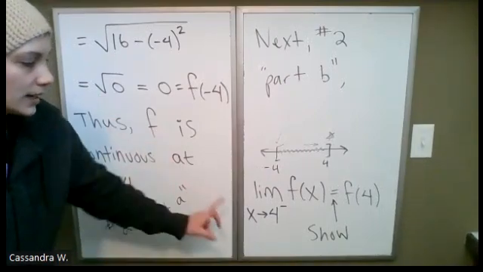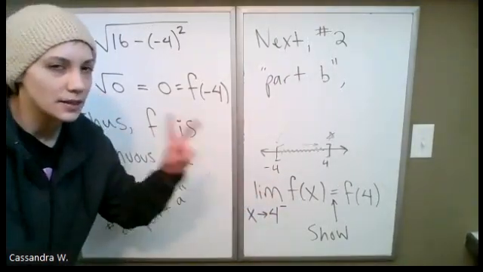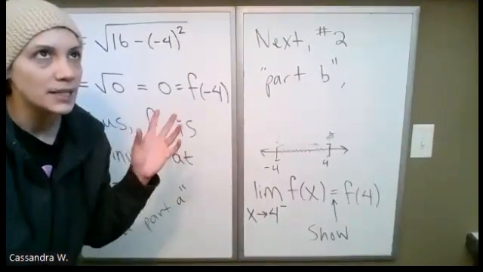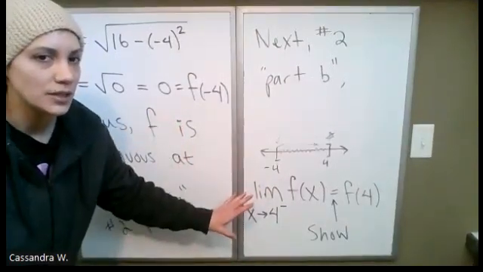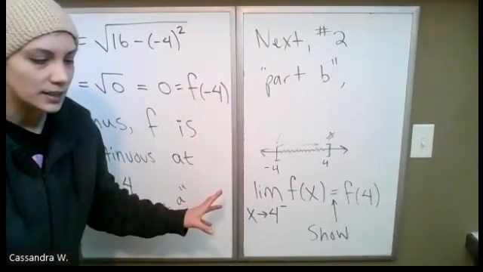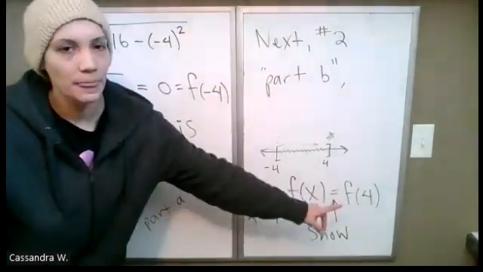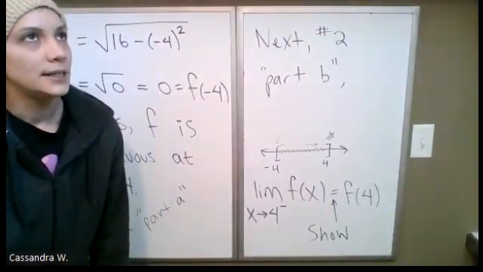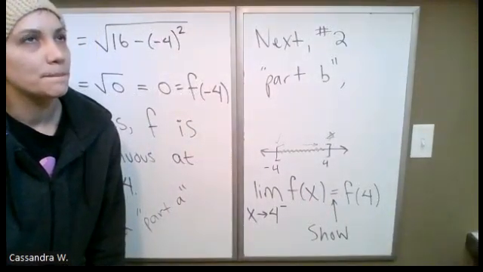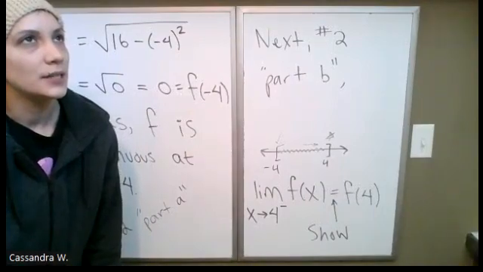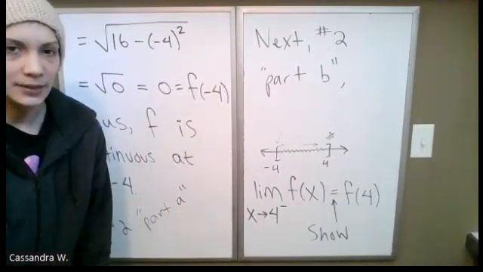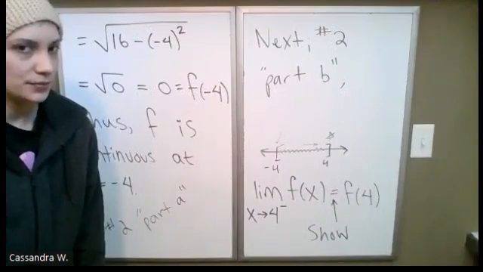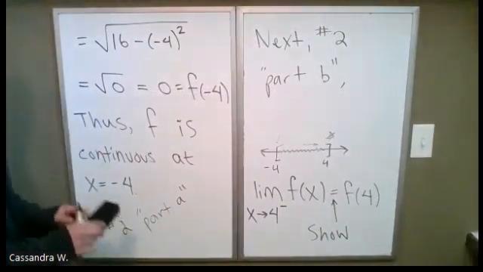So this is why I would pick this messier piece, the limit of the function, take that limit, play with it, and get it equal to f of that number. But I don't want to ramble on. Okay, let's just take the limit as x goes to +4 from the left.